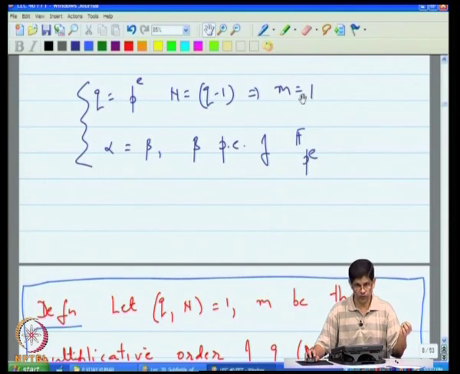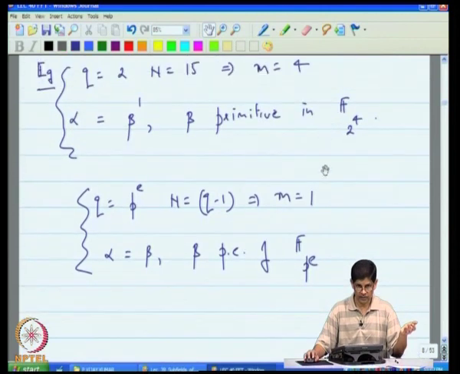In this case, you do not need to enlarge your field, and you can find the element alpha that you are looking for within the ground field itself, and you can choose alpha to be beta, where beta is any primitive element of the ground field. Okay. So, this situation is characteristic of Reed-Solomon codes, whereas the earlier one is characteristic of BCH codes.